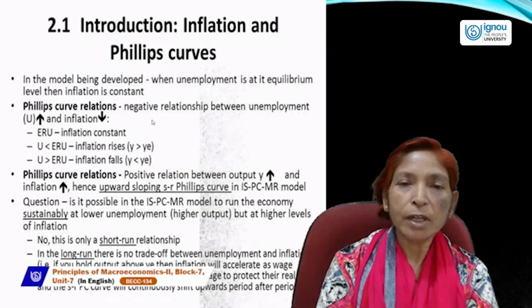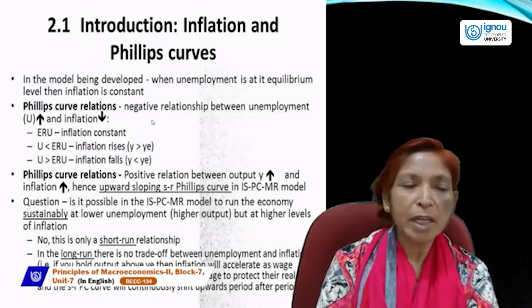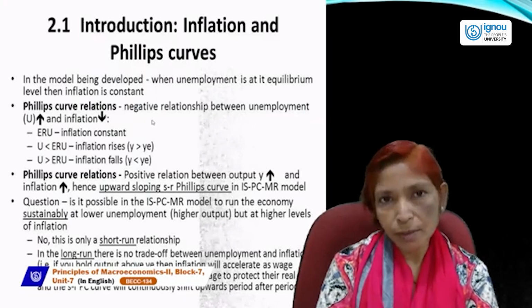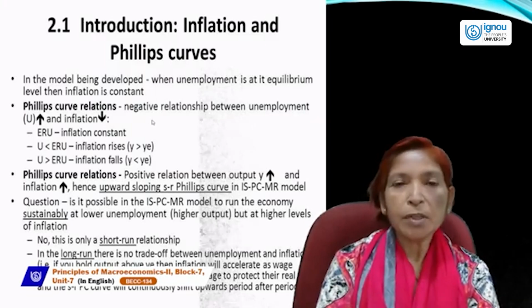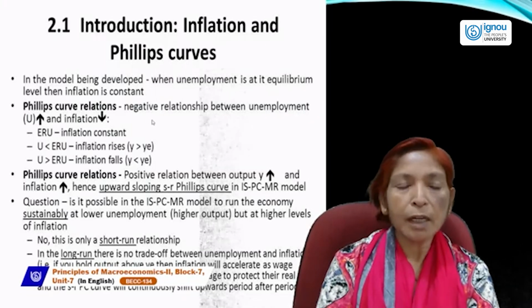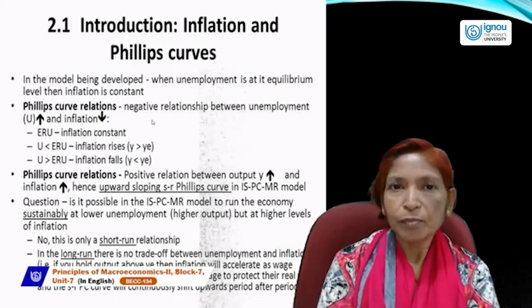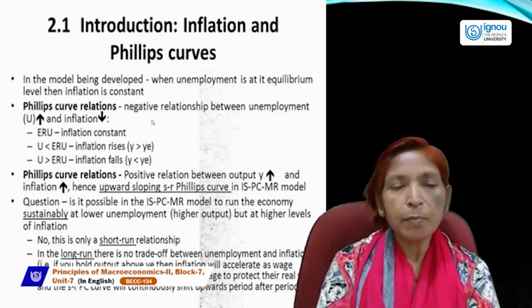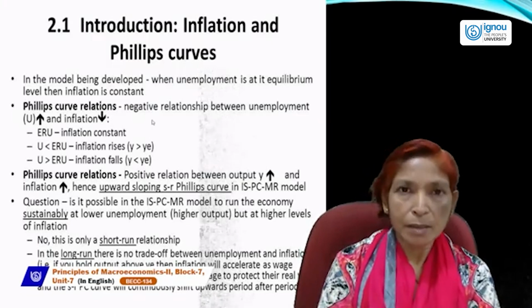So if the inflation rate increases, meaning price rises, then producers will produce more goods. If producers produce more, then investment will rise, employment opportunities will be generated, and people will get employment.